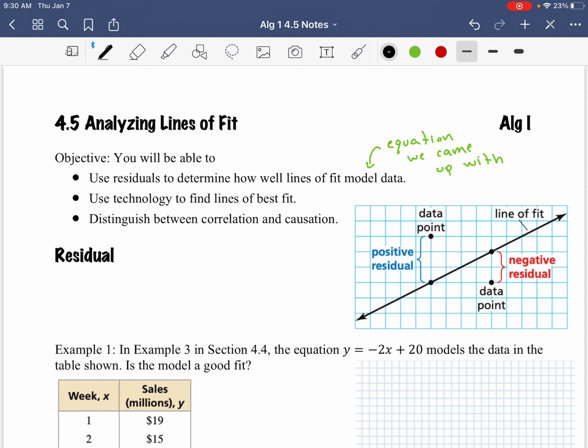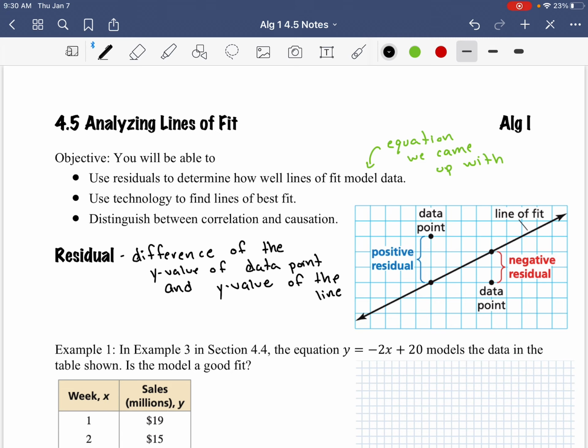So the best way of analyzing how well the model fits is to look at the residuals. The residual is the difference of the y value of the data point and the y value of the line that we wrote.